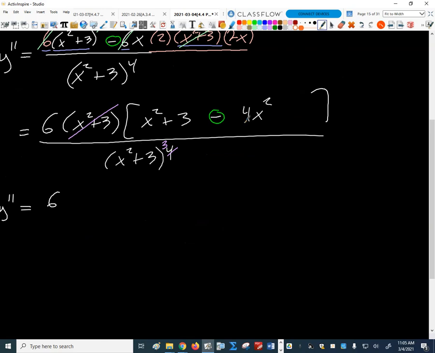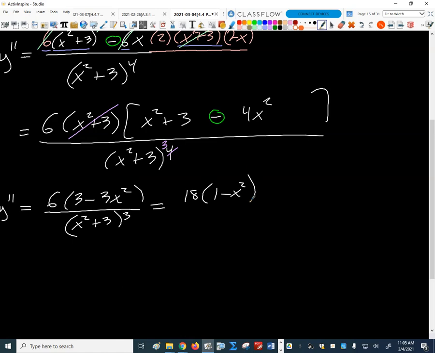I get 3 minus 3x squared divided by x squared plus 3 quantity cubed. And I can even pull another 3 out front if I want to, right? So I get 18 times 1 minus x squared divided by x squared plus 3 cubed.